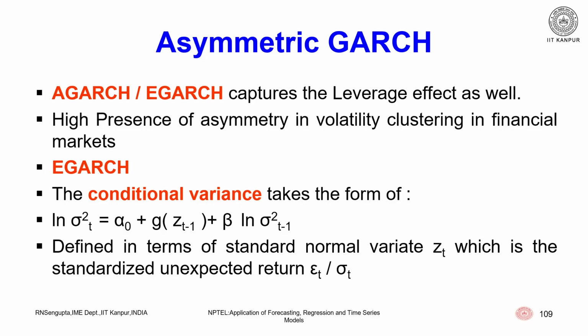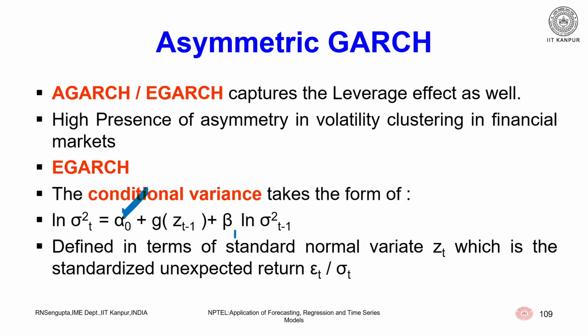So, for the EGARCH, the conditional variance takes now the form of the log of that rather than the sigma square. So, you have the terms with the log of the conditional variance, obviously alpha naught is there.